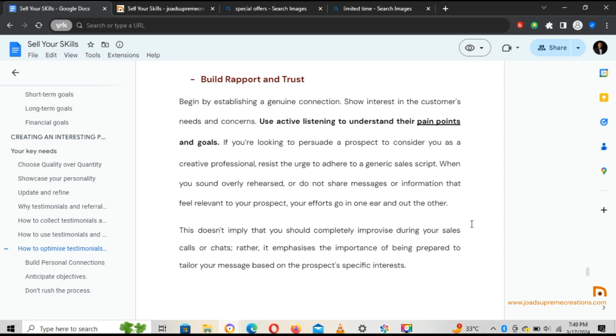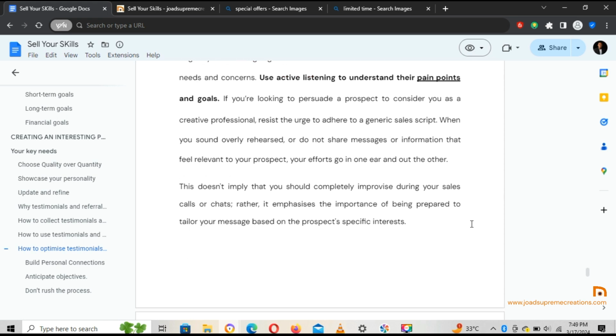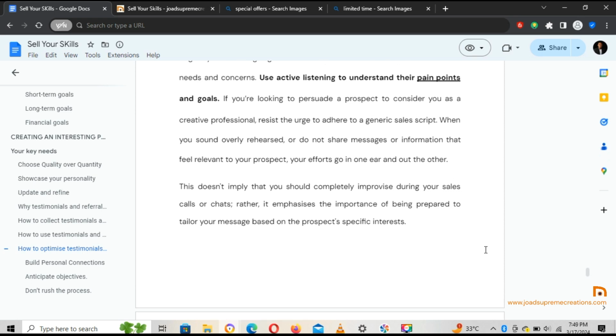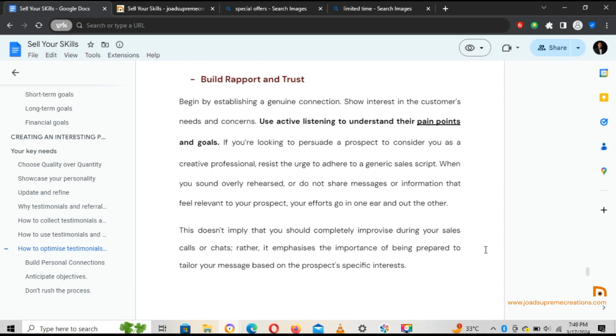But this doesn't imply that you should completely improvise during your sales calls or sales chats. Rather, it emphasizes the importance of being prepared to tailor your message based on the prospect's specific interests. When a potential customer or prospect comes to you, they are coming from their own angle.